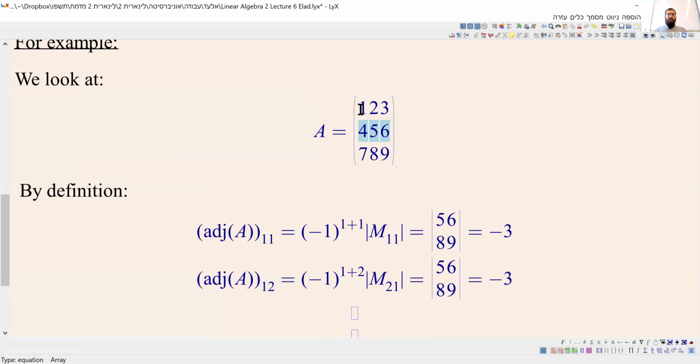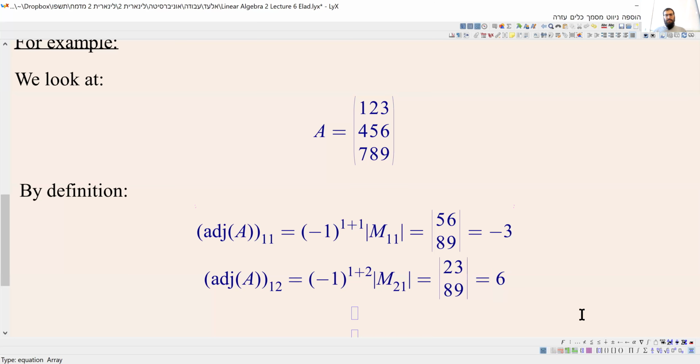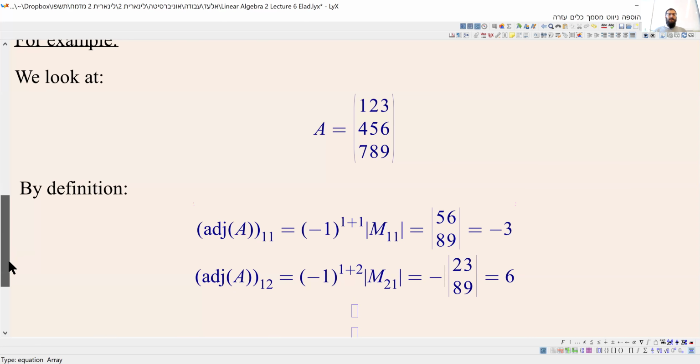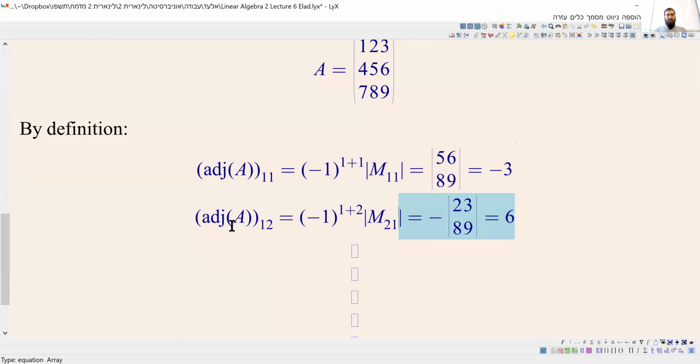Delete the second row, delete the first column, and you have 2, 3, and 8, 9, which is 18 minus 24, which is minus 6. So it is 6 because it's minus the determinant. The determinant is minus 6, minus minus is plus.